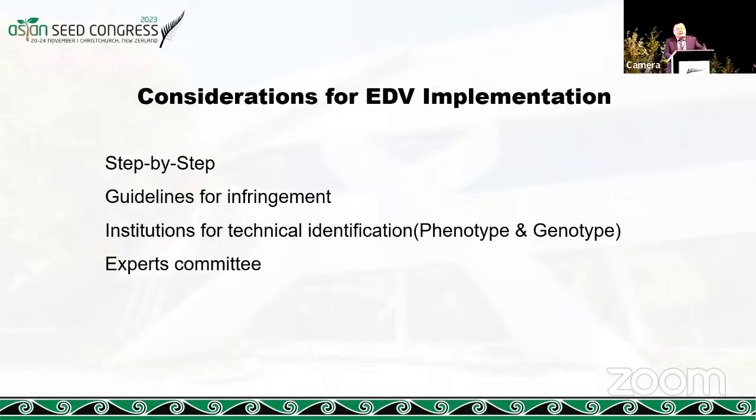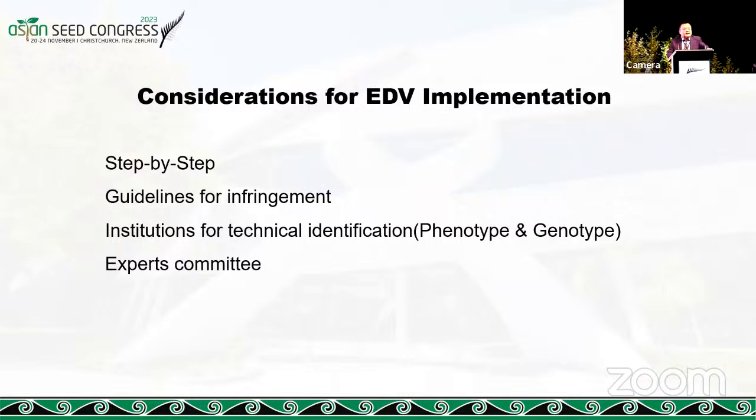Currently we have 4 considerations for the EDV implementation. The first one is the step-by-step strategy, because most of the applications focus on agricultural crops, such as maize, rice, wheat, soybean. And we want to develop guidelines for the growers, so that when an infringement occurs, they can have some guidance.